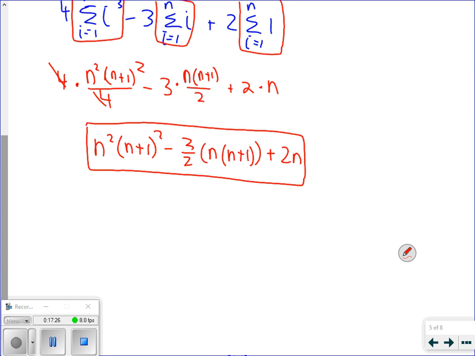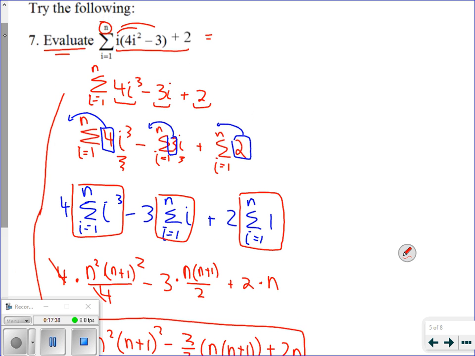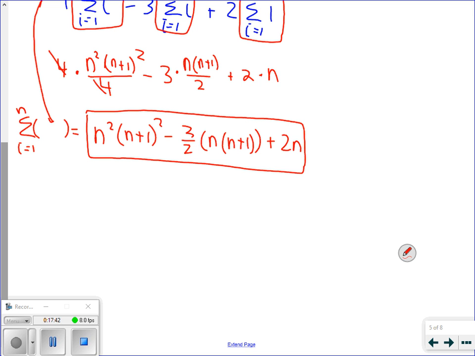So what I did is I just showed that the summation from above, that equation all the way up here, is equivalent to that. Meaning, whatever n is, the summation is going to be equivalent to this. So we just evaluated that summation.